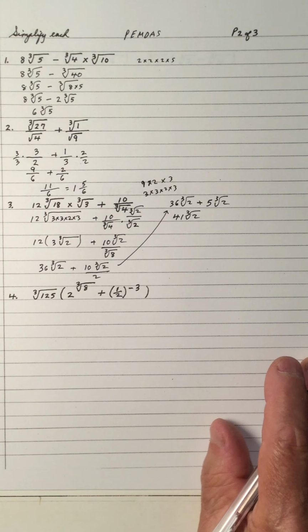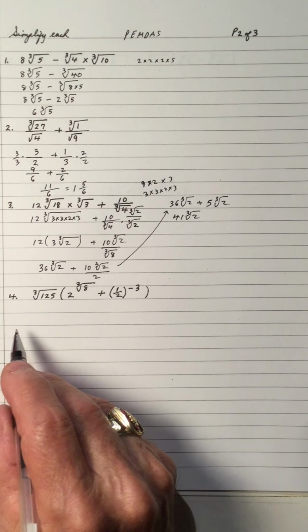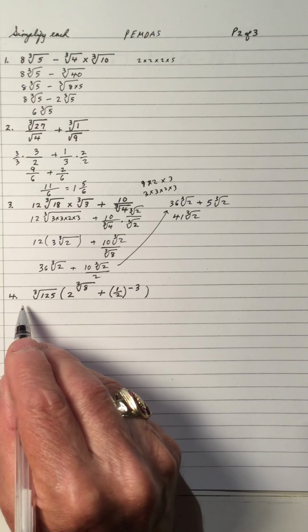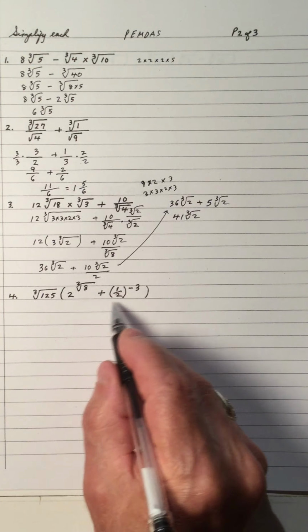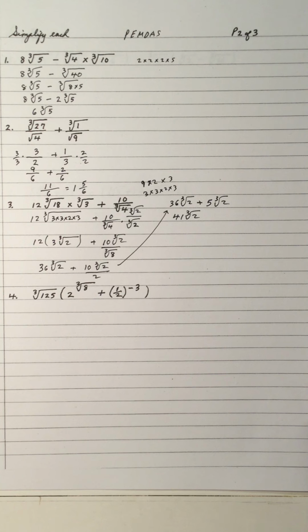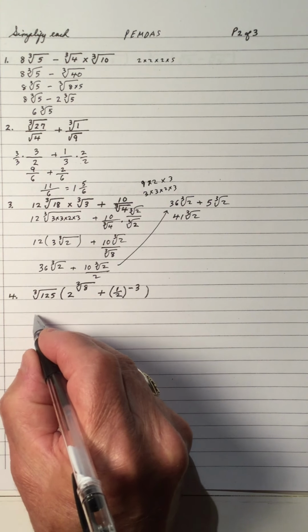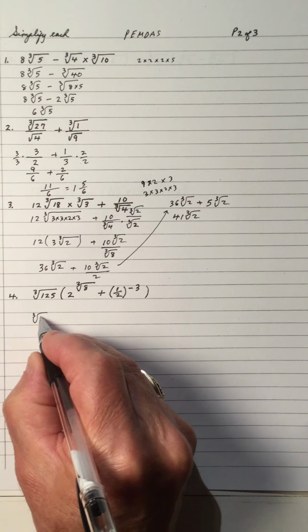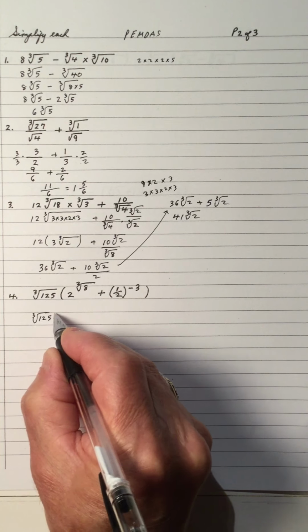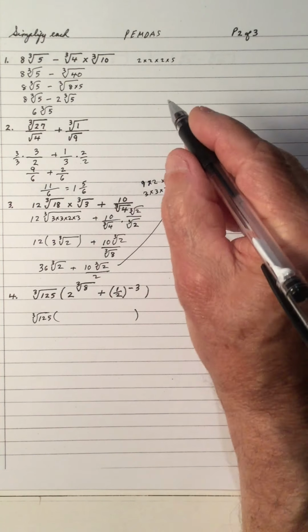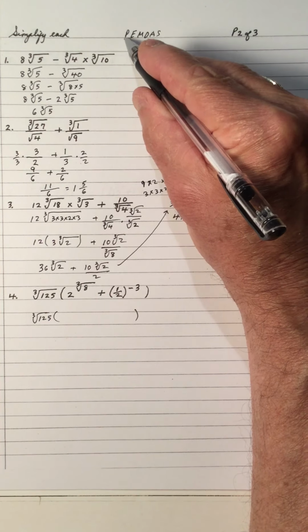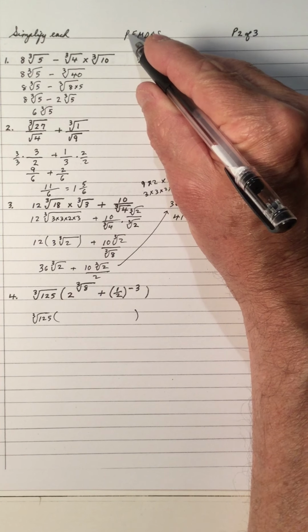And number 4, we have a whole lot. Let's see. We have to simplify inside first. So let's leave the cube root of 125 there, because we have to simplify inside the brackets first. Remember, PEMDAS is we got to do inside the brackets first.